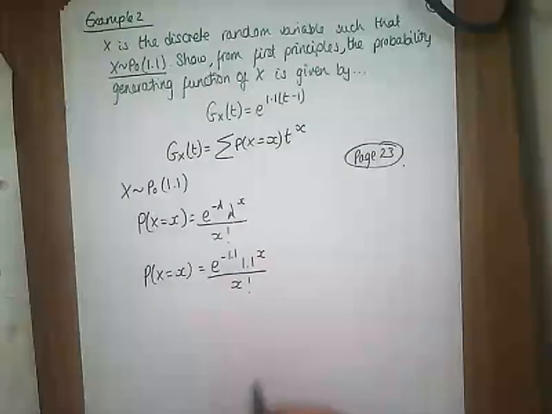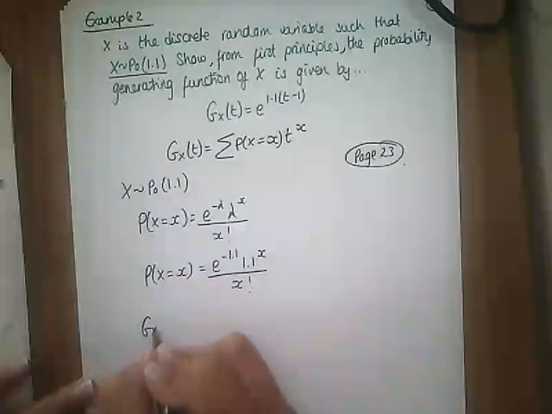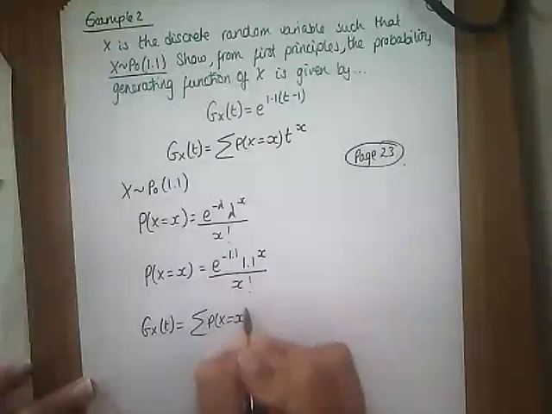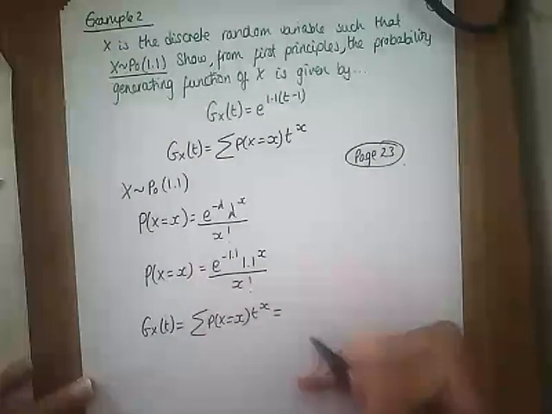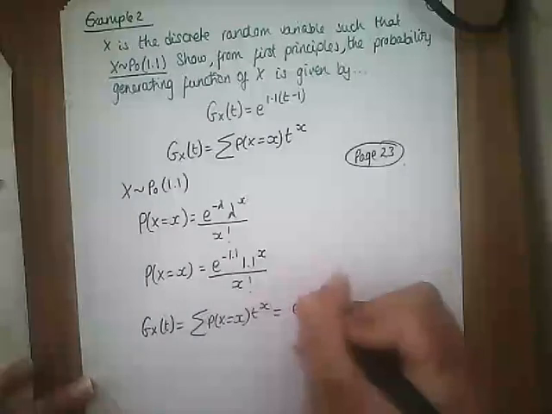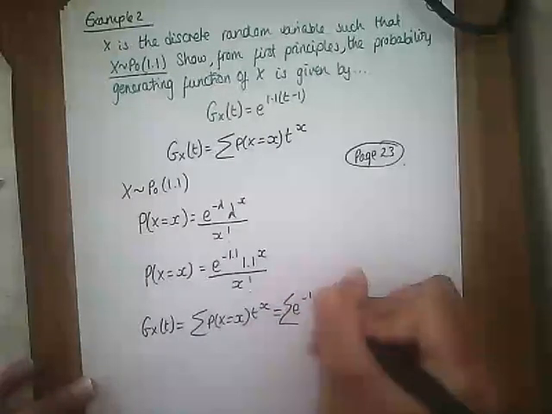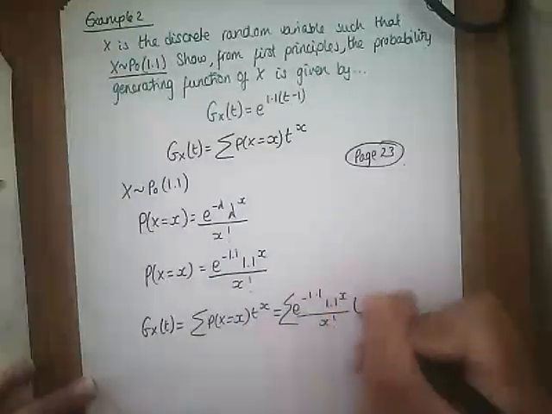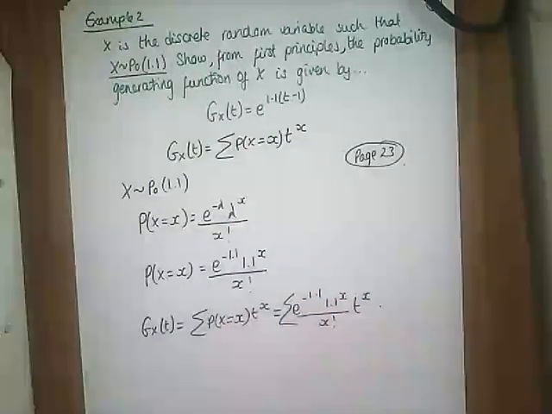That therefore means our probability generating function, which is our probability mass function times t to the power of x, is e to the minus 1.1, 1.1 to the x over x factorial, times t to the x.